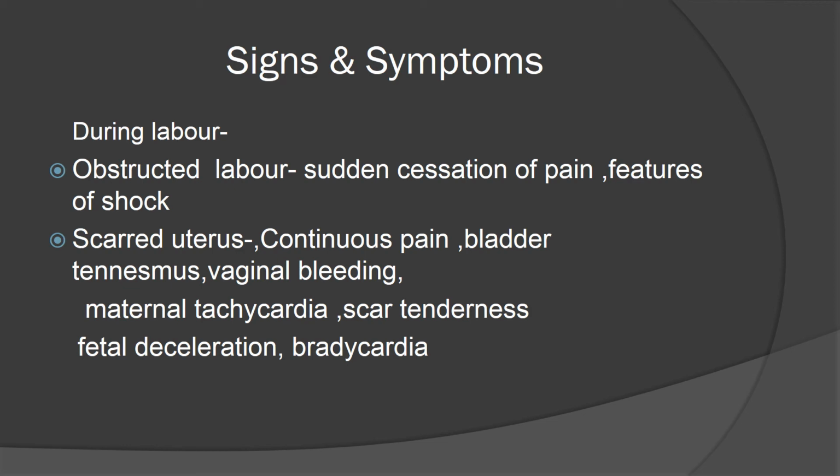There can be vaginal bleeding. On examination, there can be maternal tachycardia, and scar tenderness can be elicited. The fetus may show deceleration, which is the early sign of a scar dehiscence, and later on it may develop persistent bradycardia.